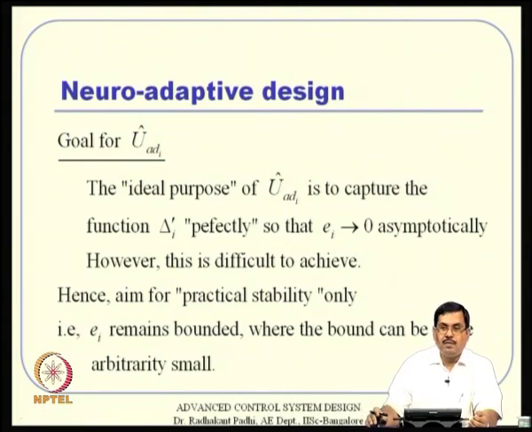And not only that, the moment the trajectory of the system dynamics goes outside the bound, it is guaranteed to come inside the bound. Whenever it goes outside it will come inside, that guarantee is always there, and that bound can be made arbitrarily small. That is what practical stability means. A lot of engineering problems are satisfied with that anyway.